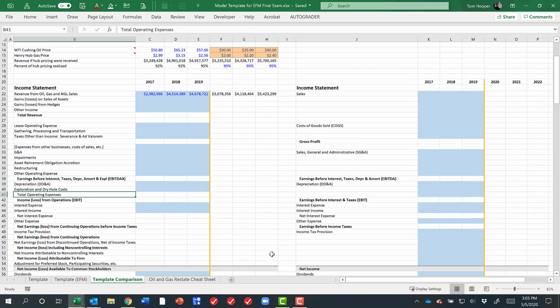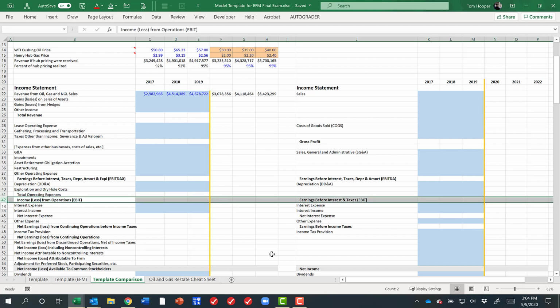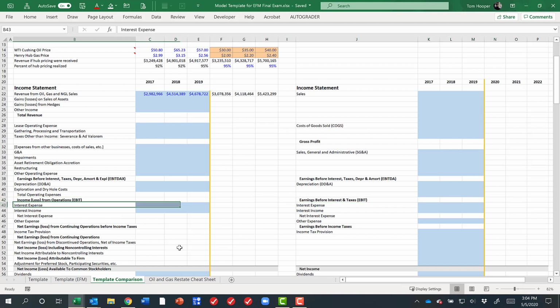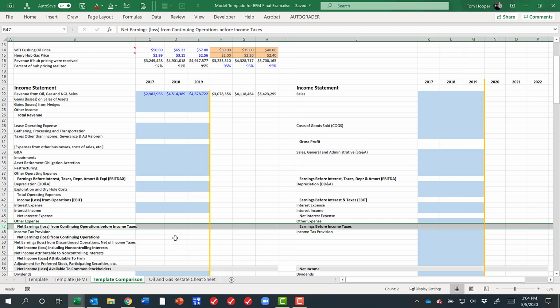That gets us down to our total operating expenses and earnings before interest and taxes. And so we're synced back up now on this earnings before interest and taxes line. We take off our interest expense, add back any income, and we get our net interest expense and any other expenses. And then we have earnings before taxes, which lines up across both.